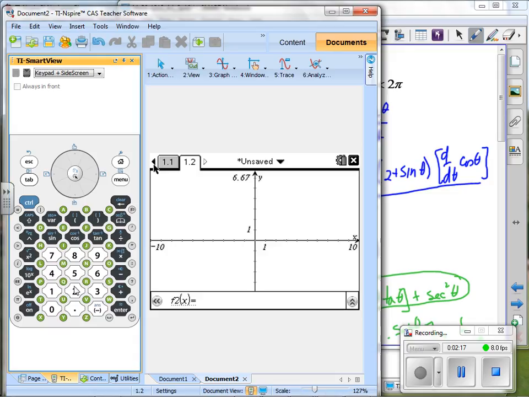So we'd have 2 times a fraction, 1 divided by cosine, and I'm going to make it cosine x so I can see the graph here. And then I've got plus tangent, and I do have tangent here, so I can just do tangent x.